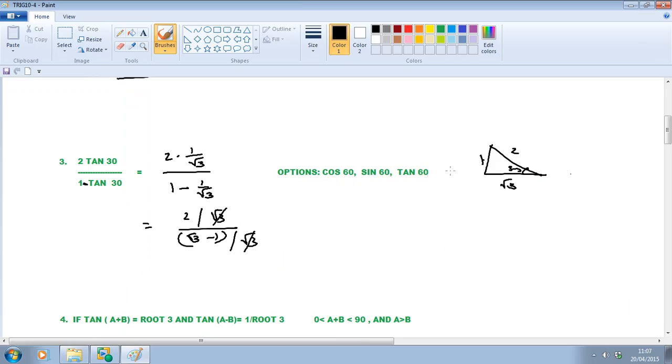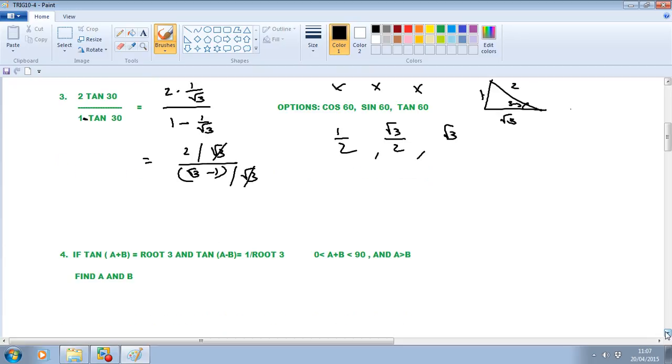Now, the options. What is cos 60? Cos 60 is just half, 1 by 2. What about sin 60? It's root 3 divided by 2. What about tan 60? It's root 3. So none of them matches with this one. So we don't have any option. So all the options are wrong.